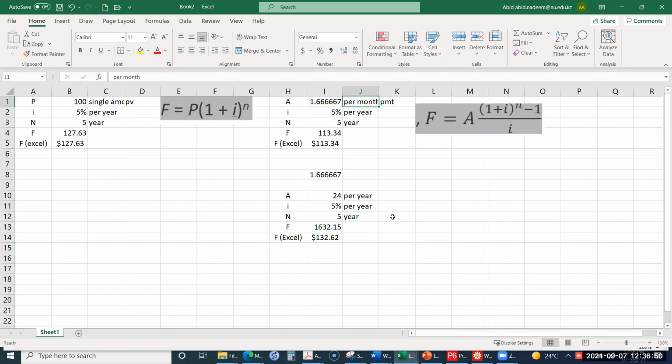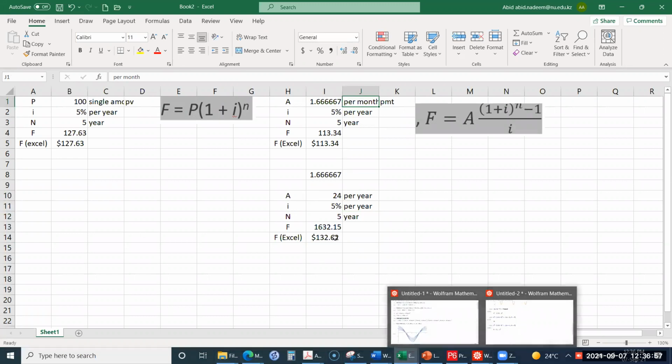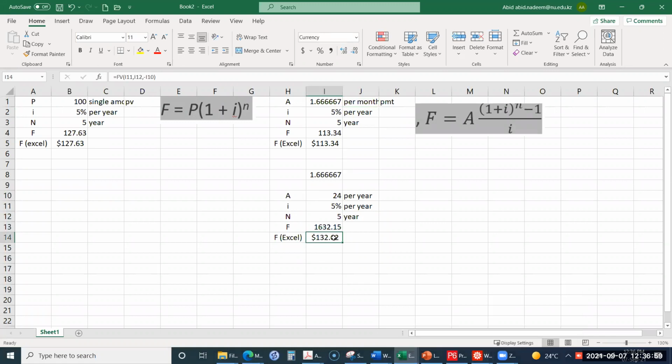So this will be the difference. Can you put 2 instead of 1.667 over there? Yes. So if it is 2, then 136.01, but if it is 24, then it is 132.62.